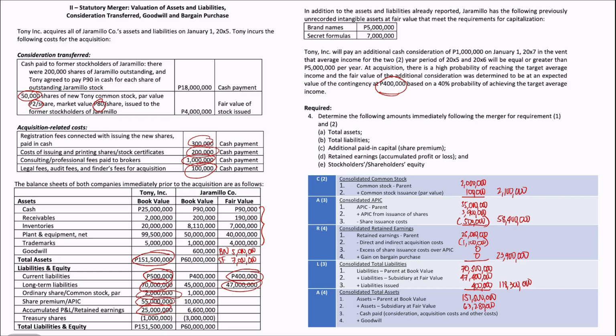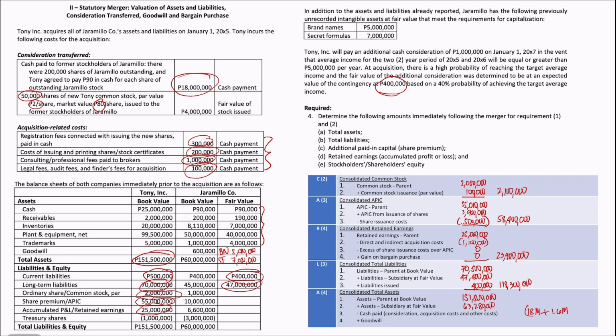Cash paid as part of consideration transferred and cash paid for acquisition costs and other costs consists of 18 million. That's the cash paid as part of consideration transferred plus the total acquisition related costs of $1,600,000.